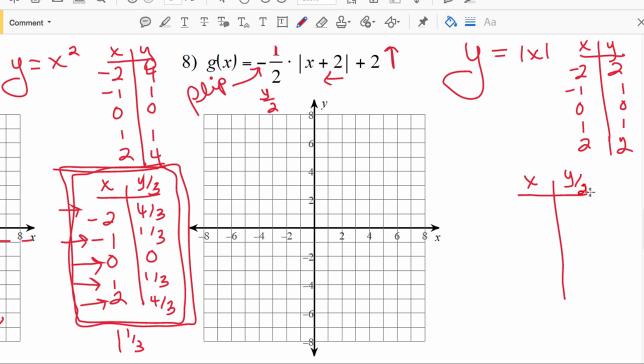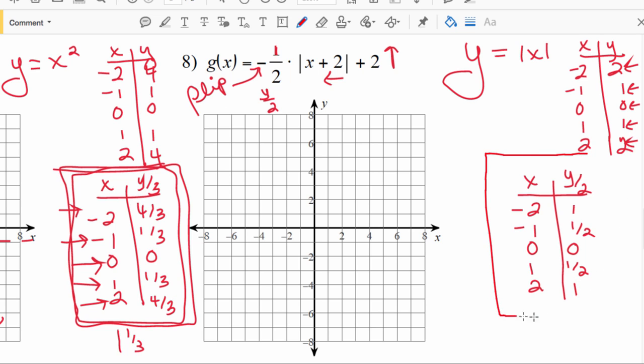If we modify the original table, all of our x's stay the same, and it's the y values that are chopped in half. So 2 divided by 2 is 1. 1 divided by 2 is 1/2. 0 divided by 2 is 0. This y value chopped in half is 1/2. This y value chopped in half is 1. And then this is what we're going to be using, and the graph is upside down.